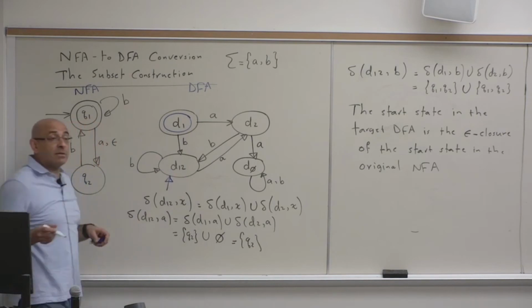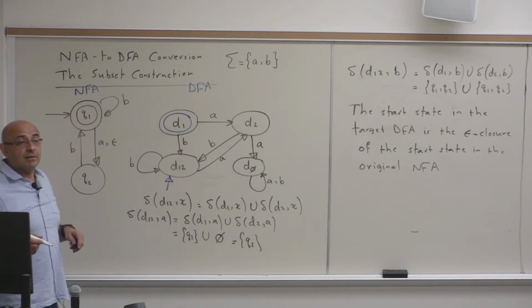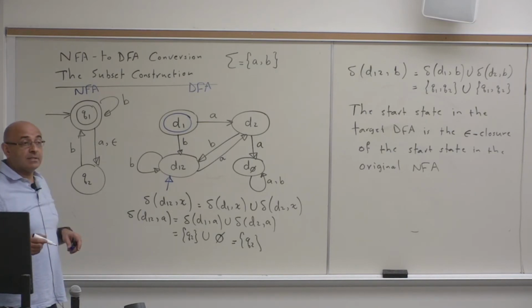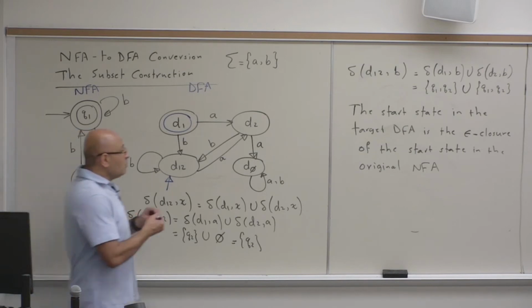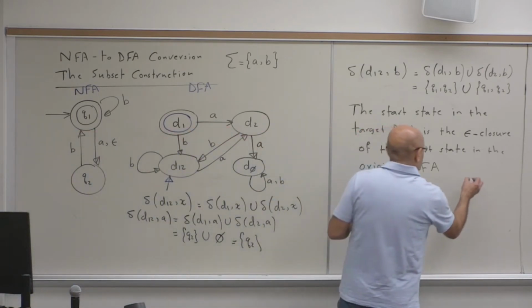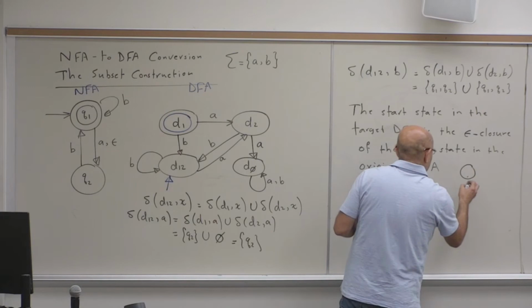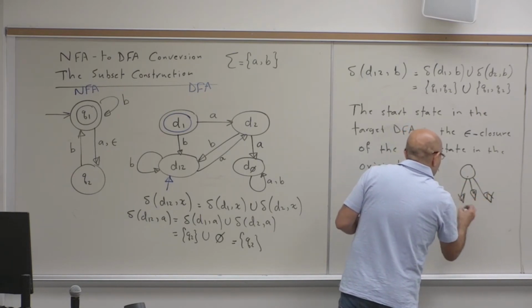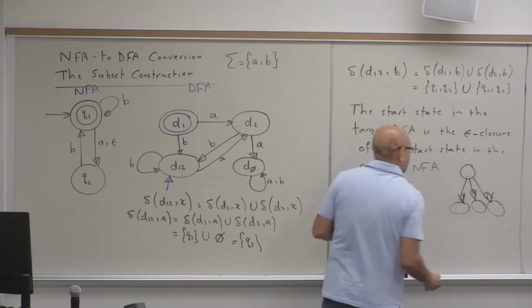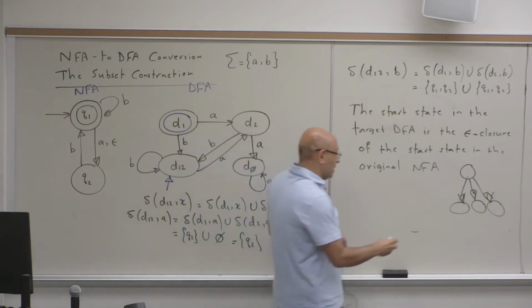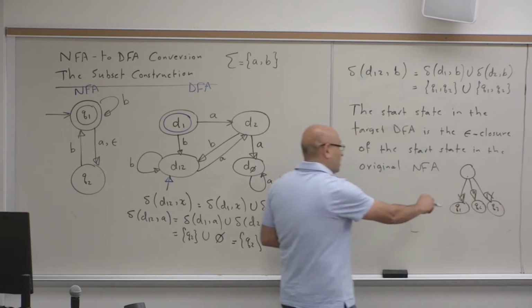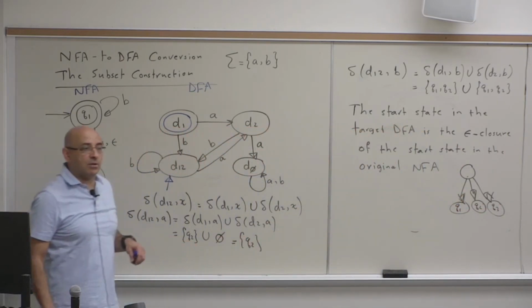And what else belongs to the set of accept states? D2? Why would D2 belong to the set of accept states? When we did that tracing of the NFA, how did we determine if a given state, like Q1, Q2, Q3, is an accept state?